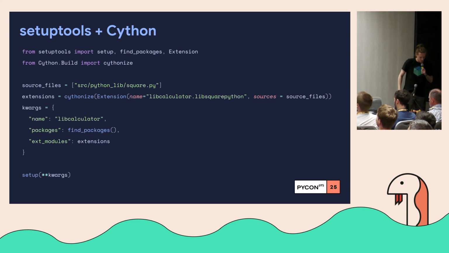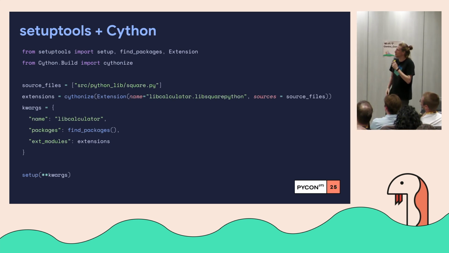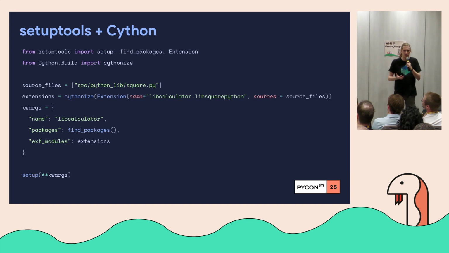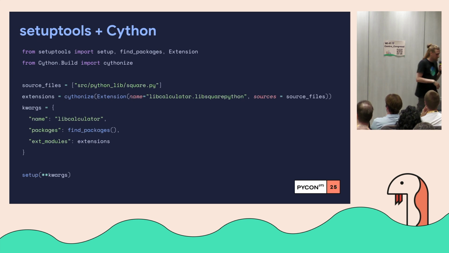Then I have this code, which is just a setup.py file that you run. As you can see, it's going to get my square.py file, which contains the code you saw earlier, and it generates a .so file, which is a library.